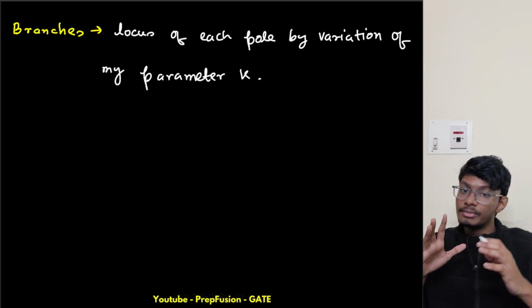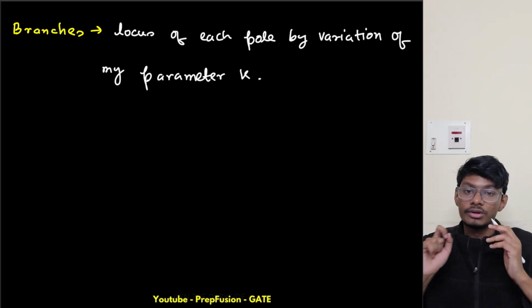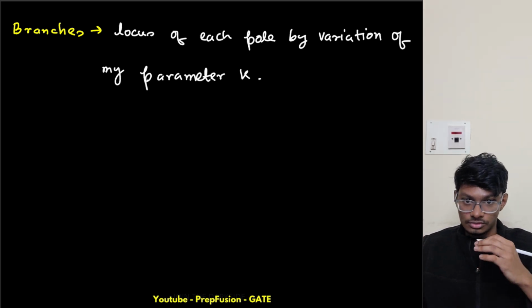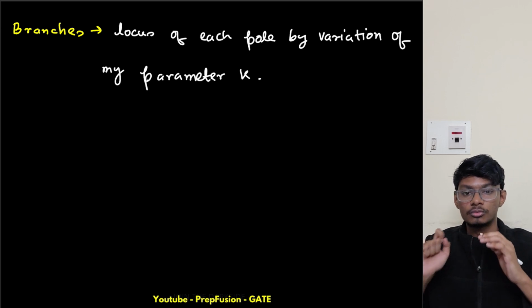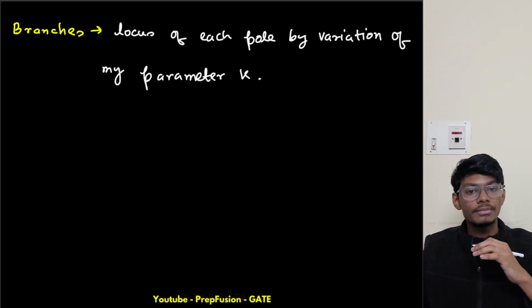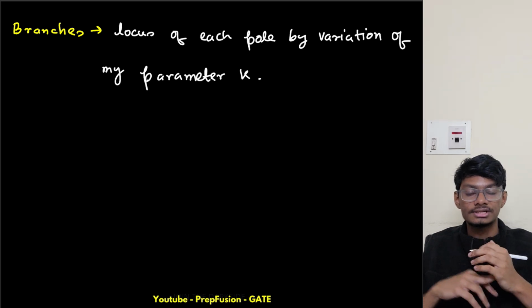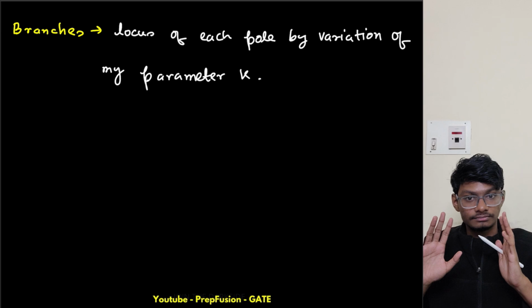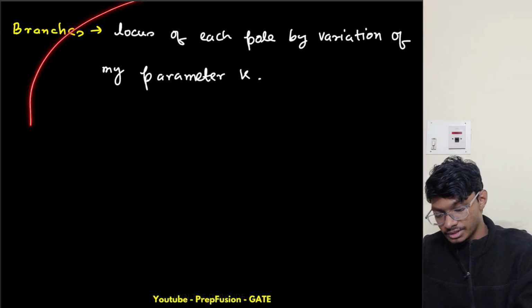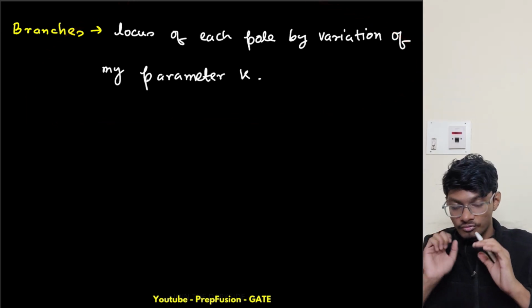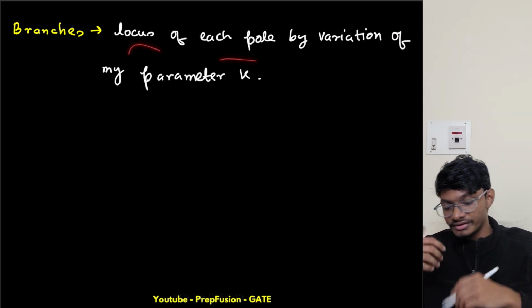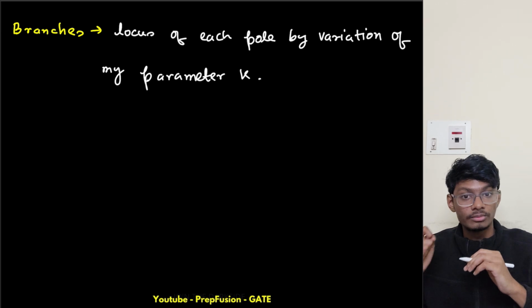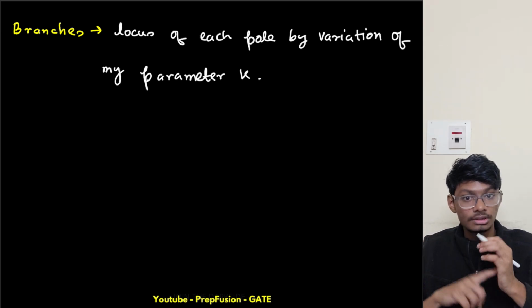So tell me, how many branches will my root locus have? If m is the number of zeros of OLTF and n is the number of poles of OLTF, how many branches will I have? What was the definition of branches? The locus of each pole by variation of parameter k. So how many poles will I have for CLTF? It will be n, right?